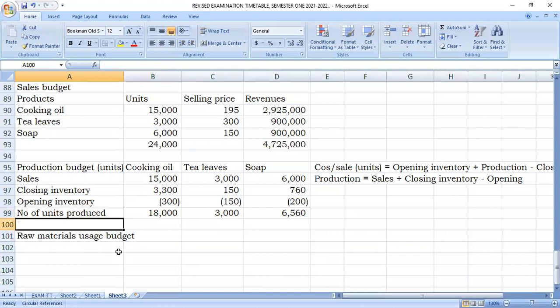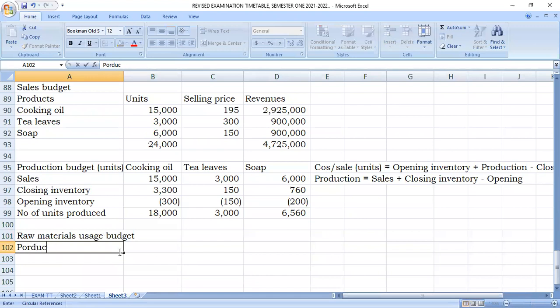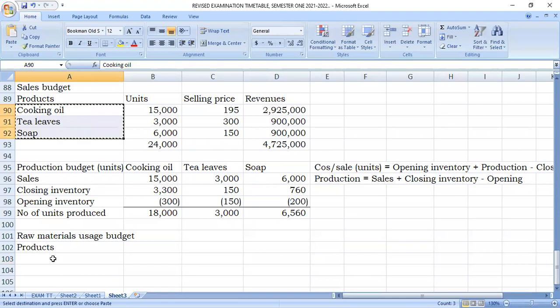Yeah. So with these, like I said, you look at the products. You have cooking oil, tea leaves, and stuff like that.